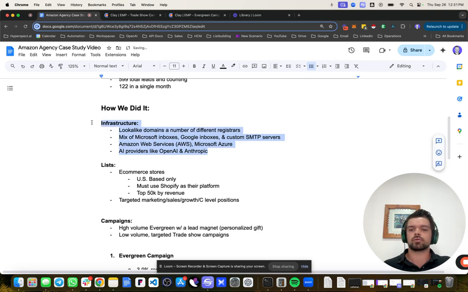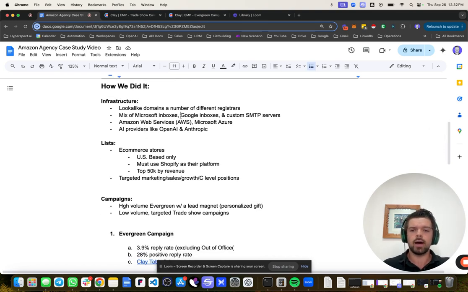Once we set up that infrastructure, we're going to warm up those emails for anywhere from 7 to 21 days, depending on the provider. And then they're eligible to enroll into the campaign. So this step is super important. If your emails are not getting delivered, you're not getting results, you're not getting replies, and you're not getting meetings booked.